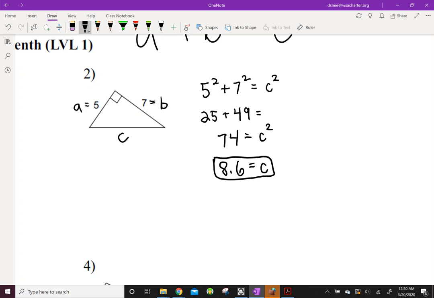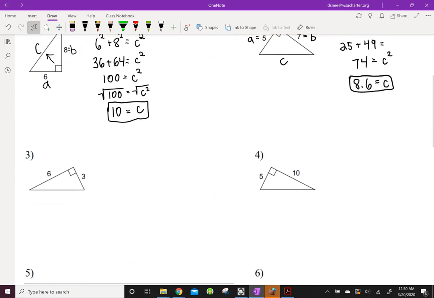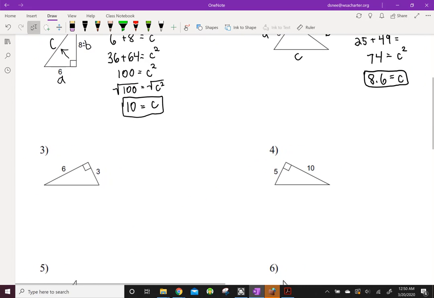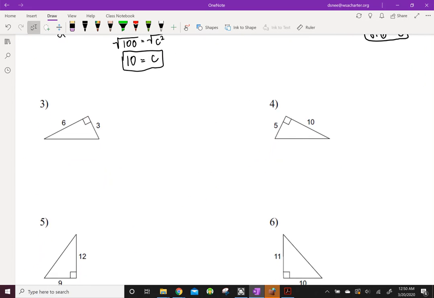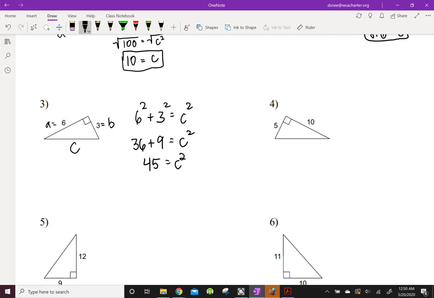There is an answer key on the back. You can check that after you solve these problems. And then in number 3, let's see, C, call it A, call it B. So 6 squared plus 3 squared equals C squared. 36 plus 9 equals C squared. 45 equals C squared.